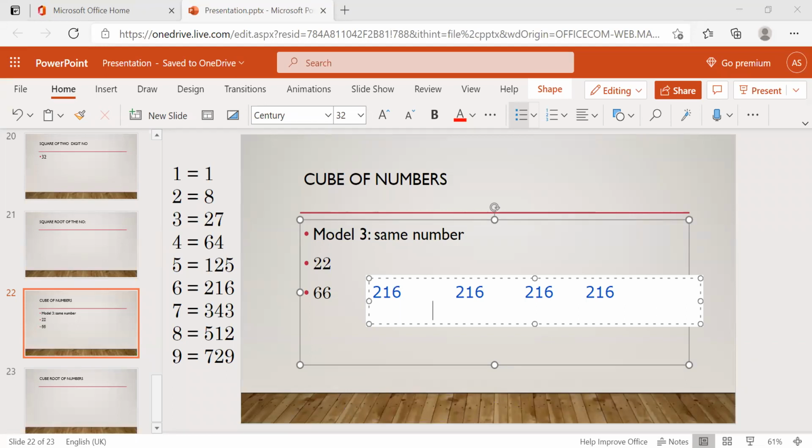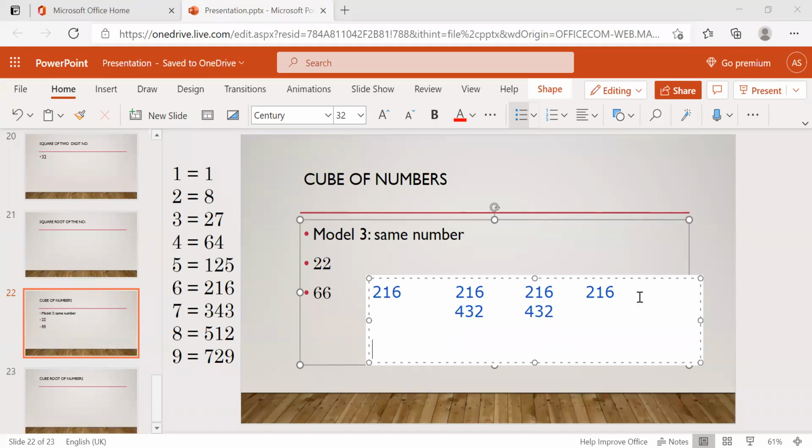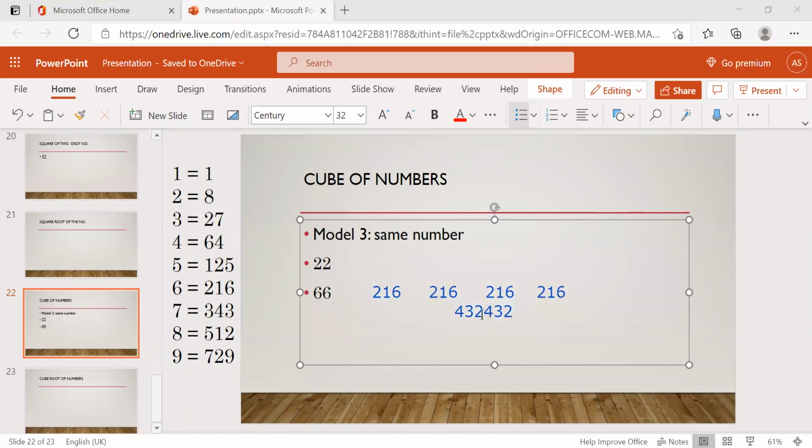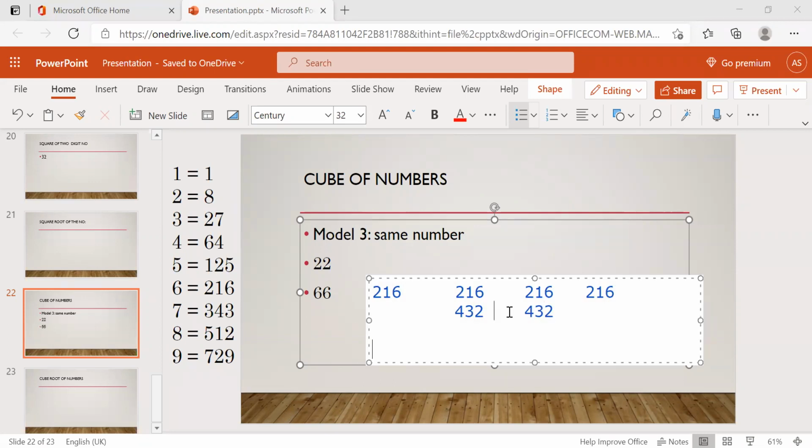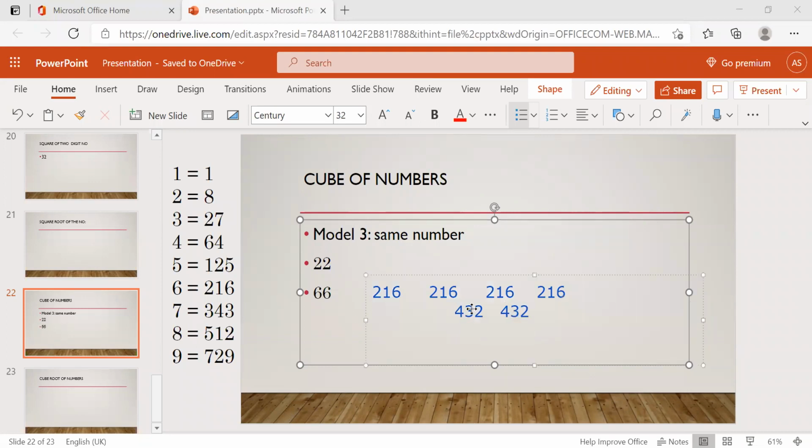Then write the middle number, double that. 216 and 216, 432, right? 432. And then 432. Then add all these numbers. Now, see, just add these numbers.